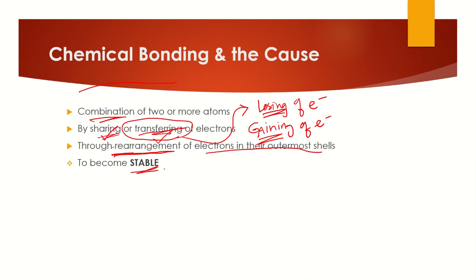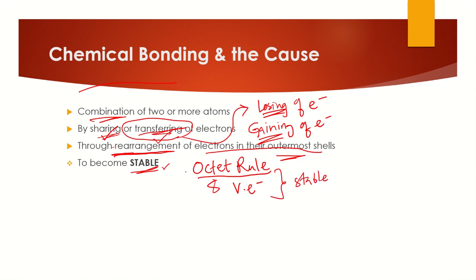So how do we know that they are stable? There's a rule called the octet rule, and we all know that octet stands for 8. If the atom has 8 valence electrons, or 8 electrons in its outermost shell, then the atom is said to be stable.